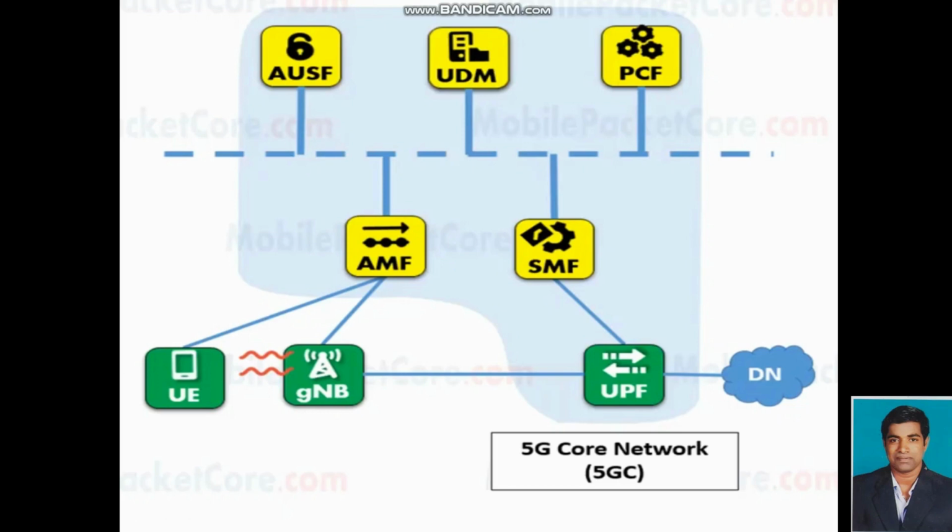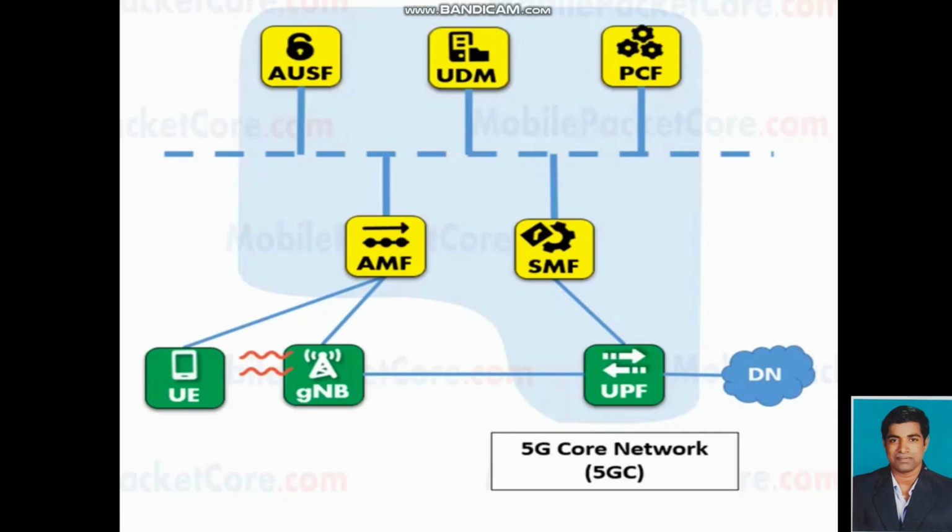Here we are using Access and Mobility Function to manage the mobile devices and the radio base station. Once AMF evaluates the authentication, it gives the valid and invalid user information to the other end of the network.